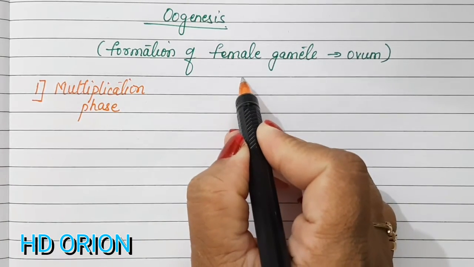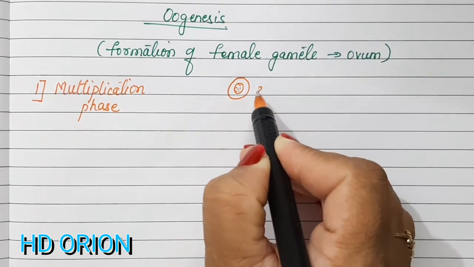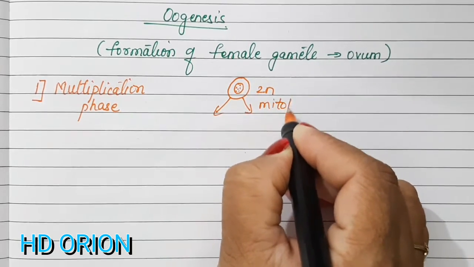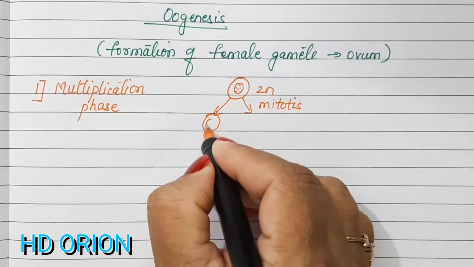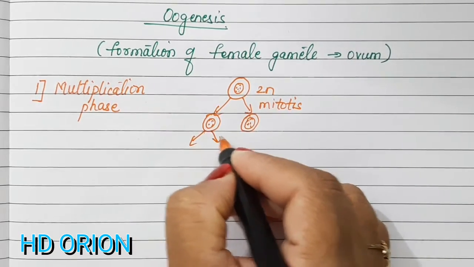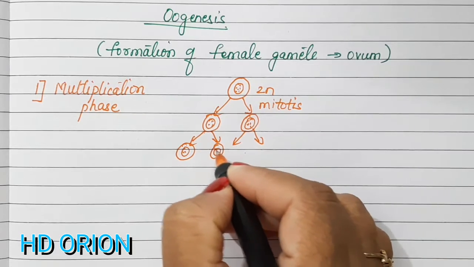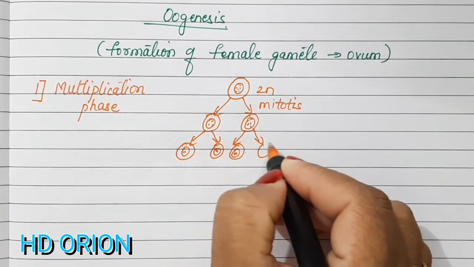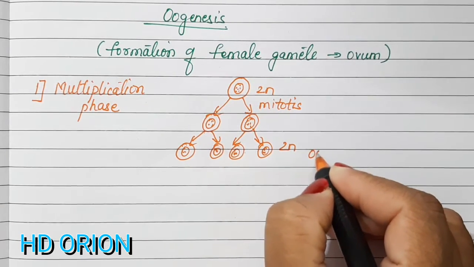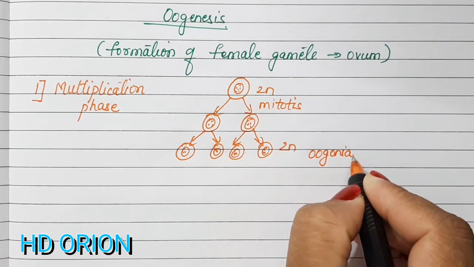We are taking one germ cell, and this germ cell is diploid and it will undergo mitotic divisions to form four cells which are diploid or 2n, and each of them will be called an oogonium, and the plural is oogonia.